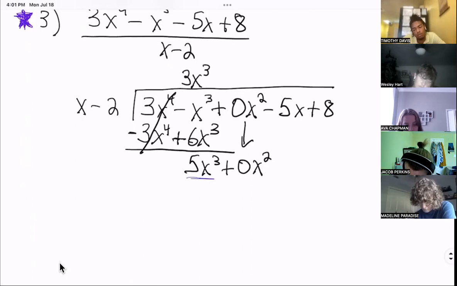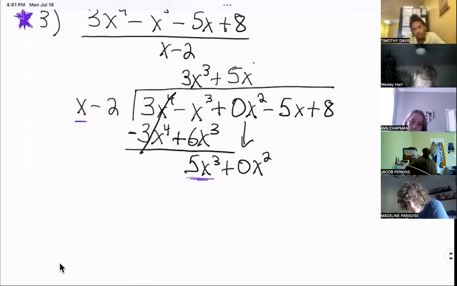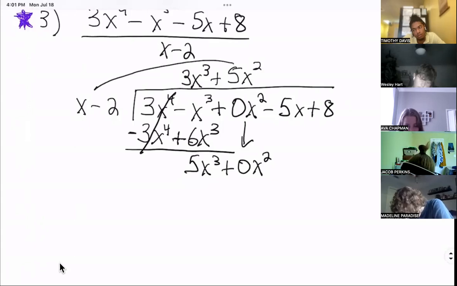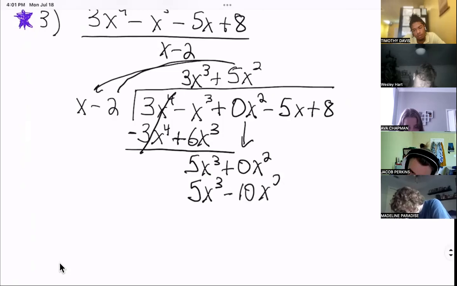So now I have to match this using x. What do I multiply x by to get 5x cubed? Well, first I need 5. I only have x. I need x cubed. That means I need an x squared. And see how we use the spot for the x squared? So it's like a placeholder. We need it. Now we're going to distribute. 5x squared times x is 5x to the 3rd. 5x squared times -2 is -10x squared.